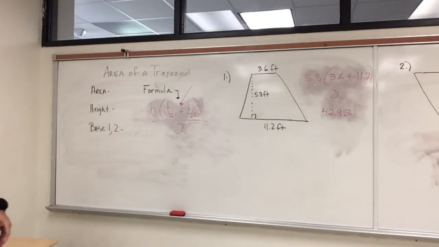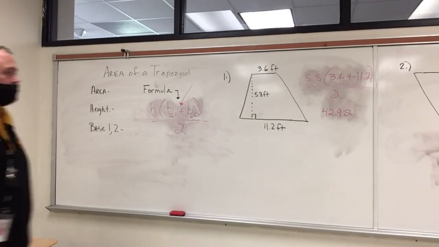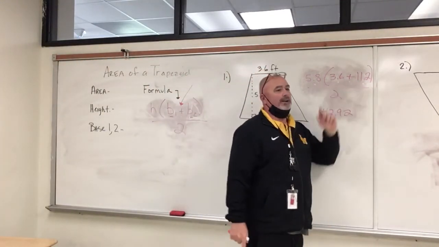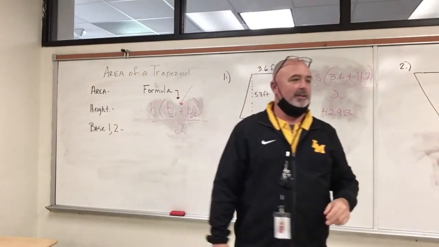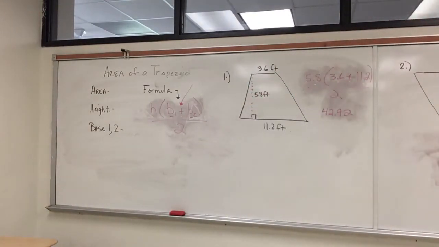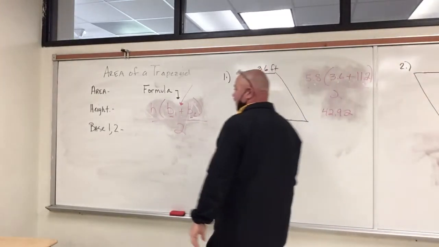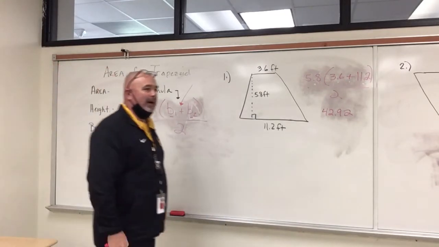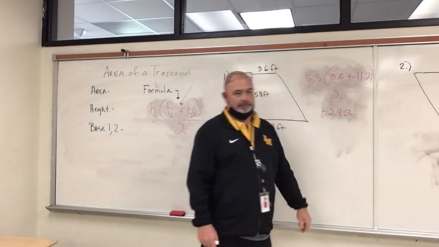All right, here's the second way you can do it. Follow along. 3.6 plus 11.2. Don't put in parentheses. This 3.6 plus 11.2, enter. Times 5.8, enter. Divided by 2, enter.